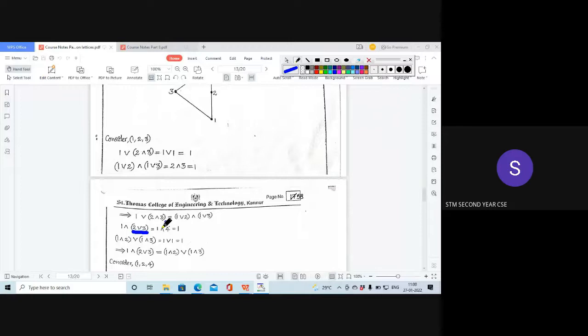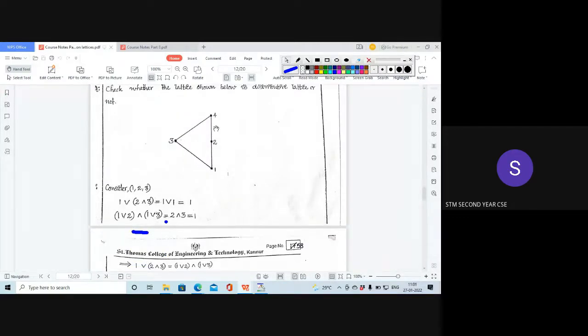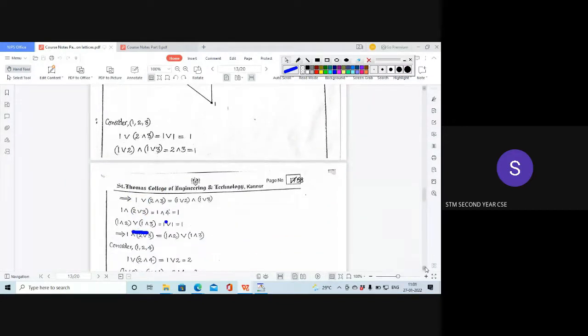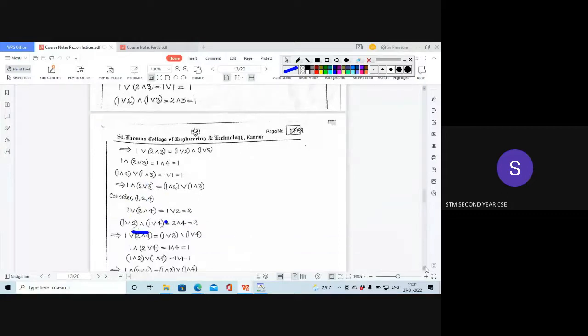And 1 and 4 means the meet of 1 and 4, the greatest lower bound of 1 and 4. The greatest lower bound of 1 and 4 is 1.